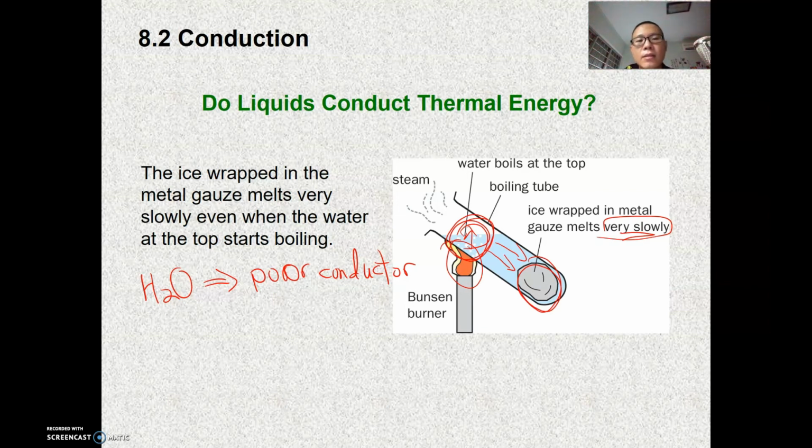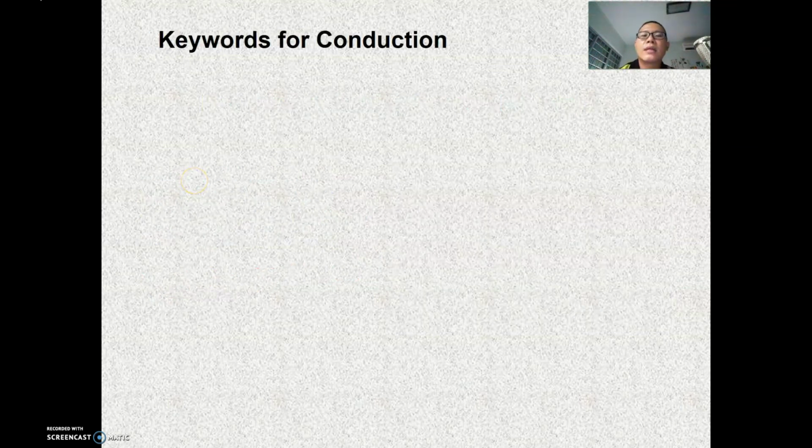Okay, and this is one of the reasons why conduction is one of the common heat transfer methods in solid. Okay, but do take note, solid, liquid, gas, for conduction, it does occur in all three media. It's just that the speed is different, or to be exact, it's fastest in solid, or fastest in matter, slowest in gas. Okay, we will do a summary of the keywords or the concepts used in conduction.